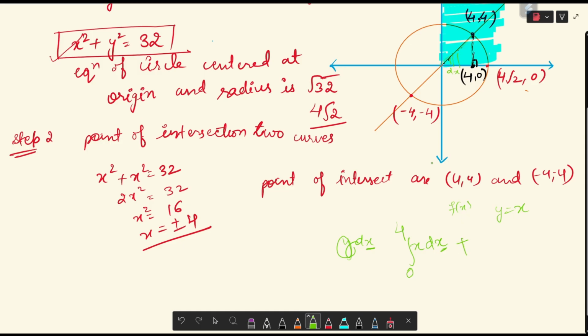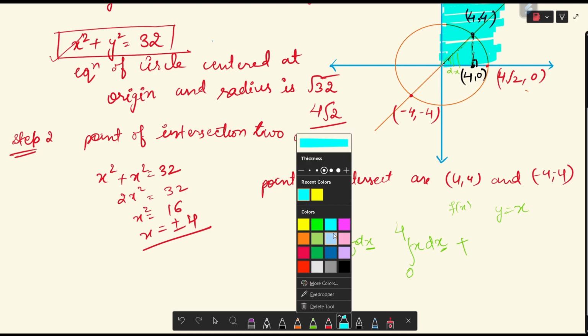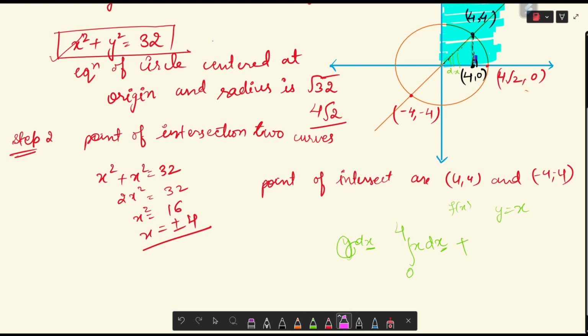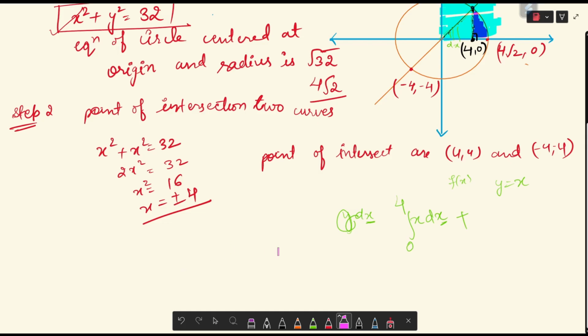Then for the other portion, this part, we will use the equation of the circle. There also we are drawing vertical rectangles. So we have dx, and what will be the function?